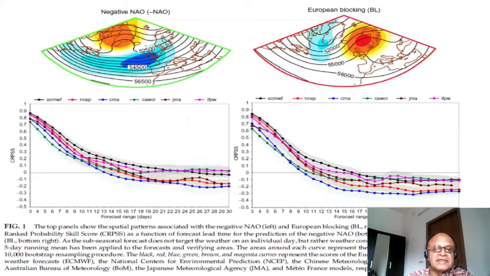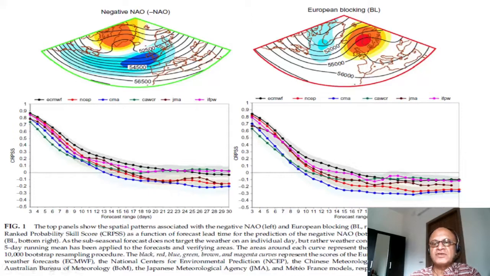And the example we start with here is the negative NAO, North Atlantic Oscillation, which we will see in a minute, and the European blocking pattern, which both affect the direction of the storm tracks and how lower Europe and the upper Scandinavian countries get affected by phases of the NAO or the strength of the NAO, and how the European blocking pattern, which lasts for definitely subseasonal timescales, has predictability.